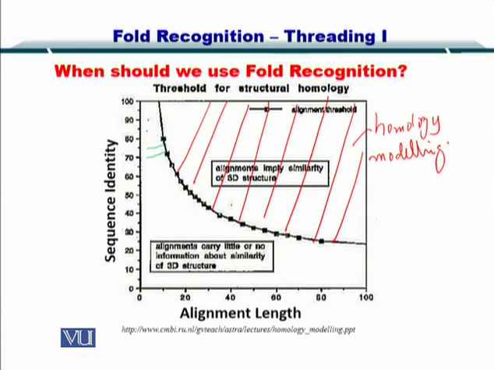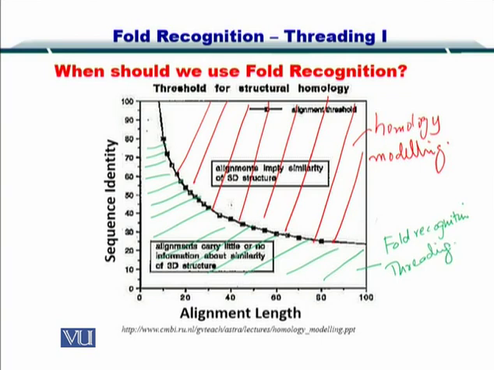But if your sequence alignment and identity fall in this range, then you go for fold recognition or threading. Earlier we were talking about the red region for homology modeling, and now we are going to talk about this portion.